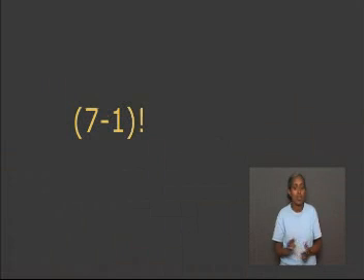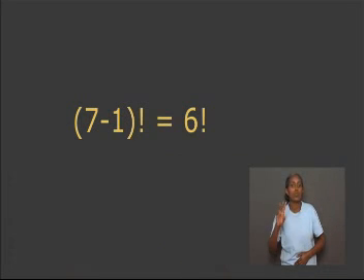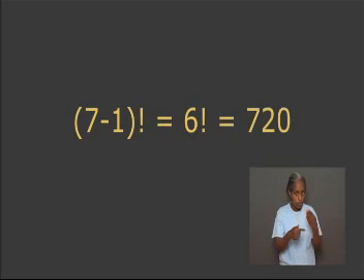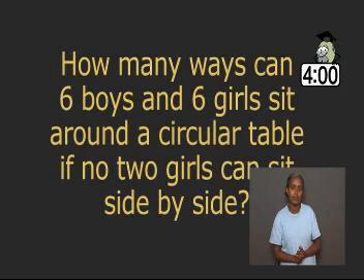Once the first of your classmates has a seat, you must find the factorial of 6. So, the total possible permutations is 720. Students, let's get ready. Begin.